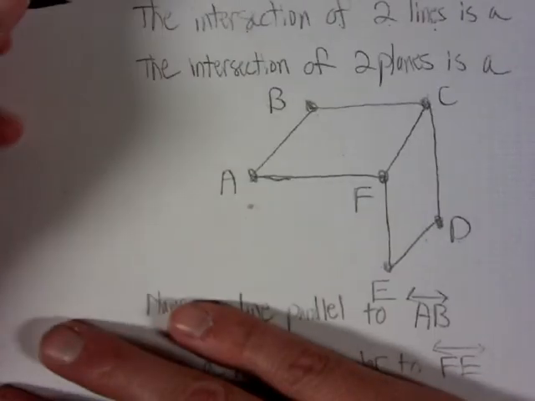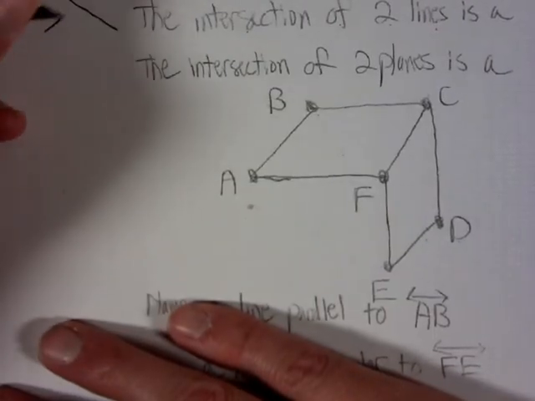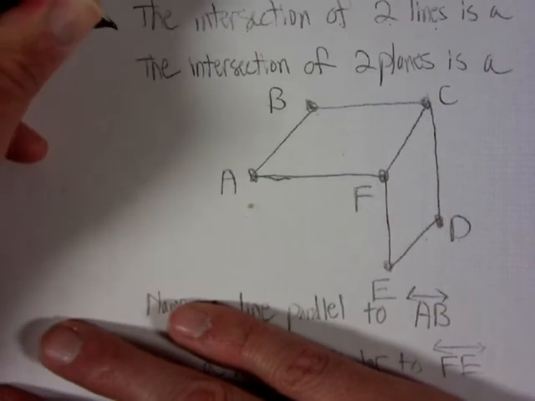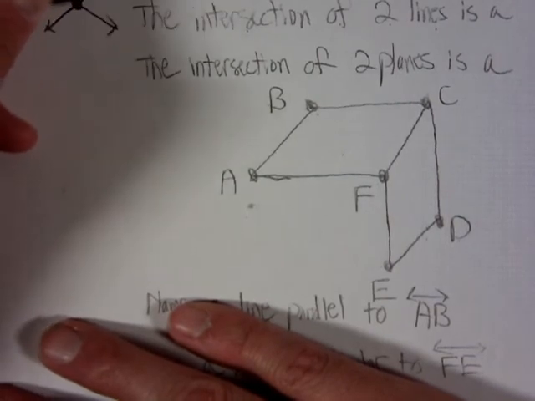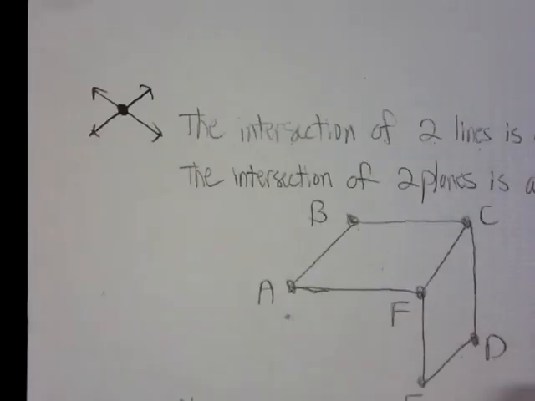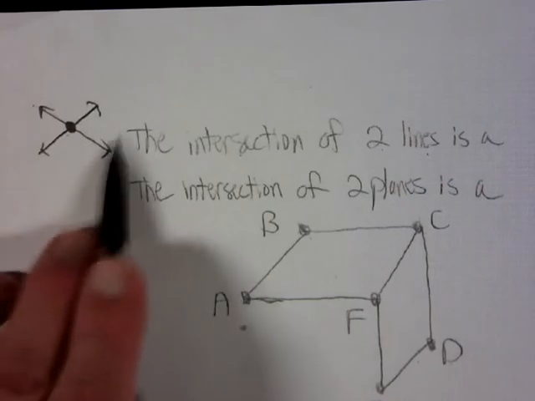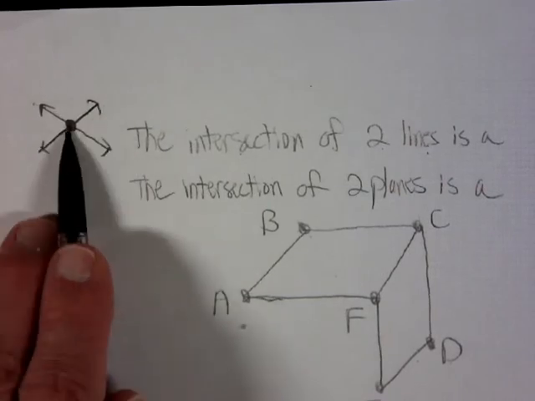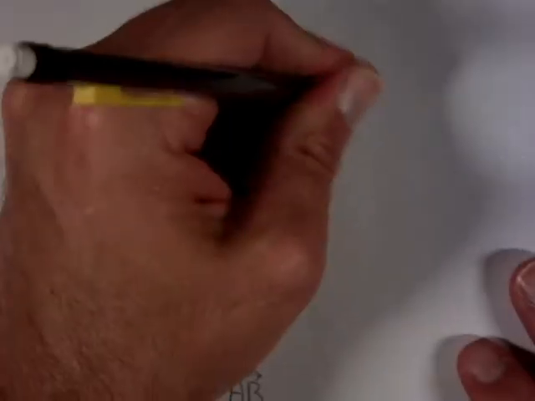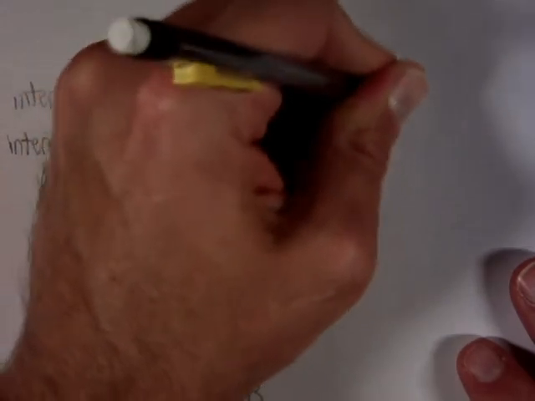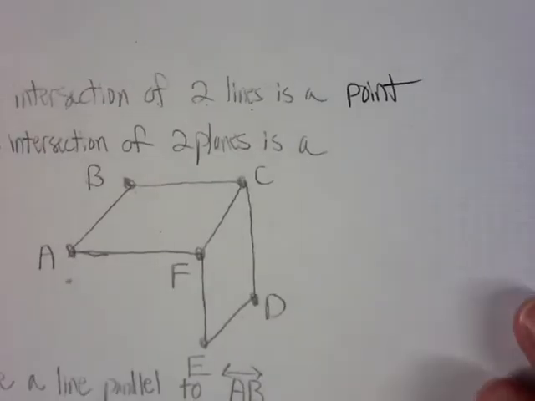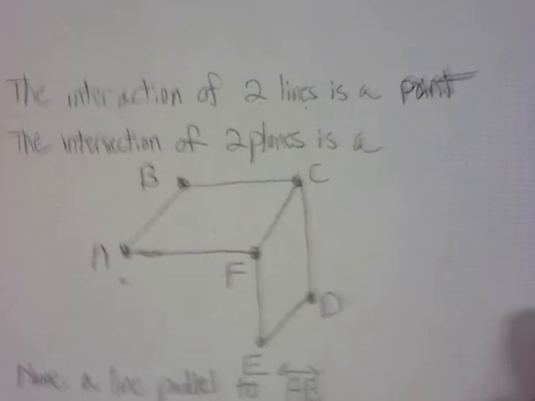Okay, if I have two lines and they cross, they intersect, okay, the place where they cross is what object? Well, the place that two lines intersect, they intersect at a point. Okay, so complete that statement. They intersect at a point.